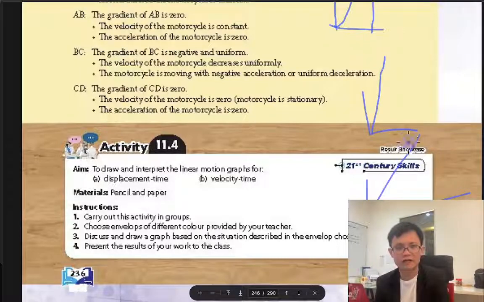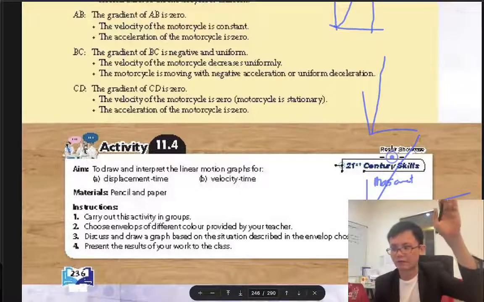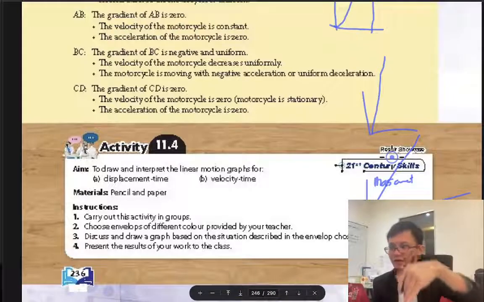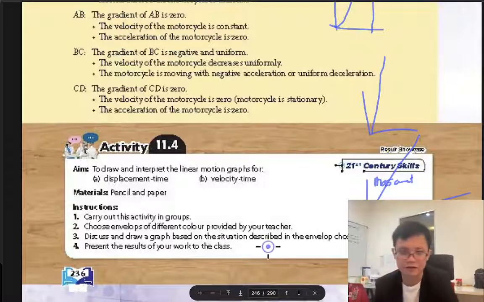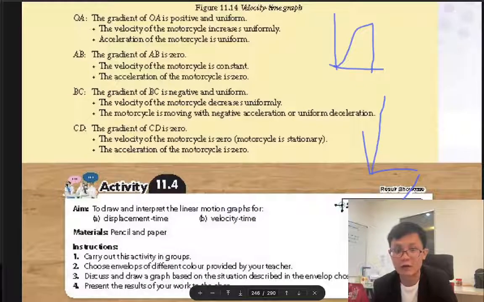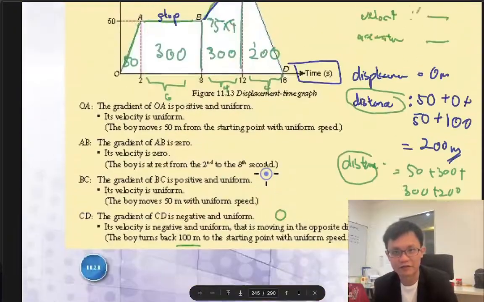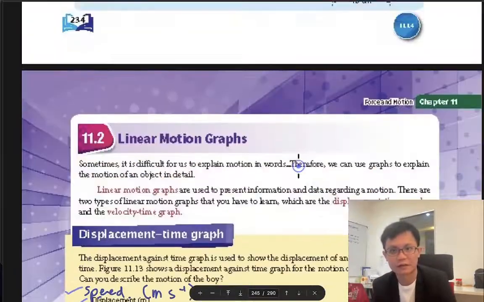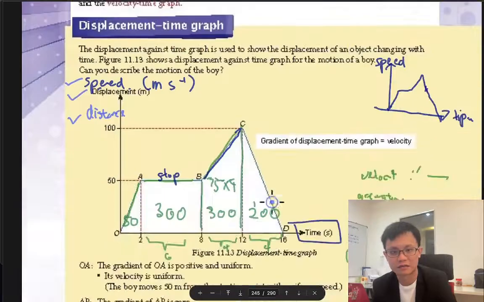If this car goes fast, this is a Maserati or Ferrari, it goes up very fast and comes down almost the same. All cars also have a brake. So I hope you can understand. I'm talking about the speed time graph. I'm not talking about the distance time graph.